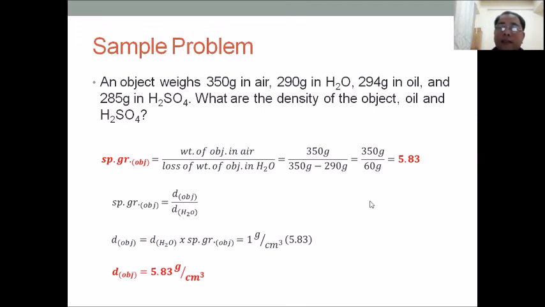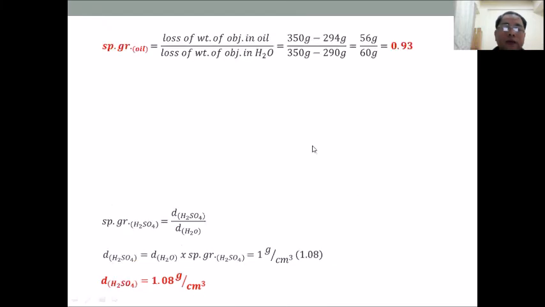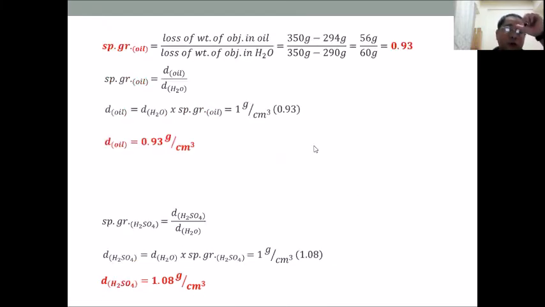So this is the density of our object. Now we will find next the density of the oil. But I think it's much easier to find its specific gravity before its density. So in finding the specific gravity of oil, we get the loss of weight of the object in oil, which is actually the amount of oil that will be equal in volume to the amount of water that the object displaces.